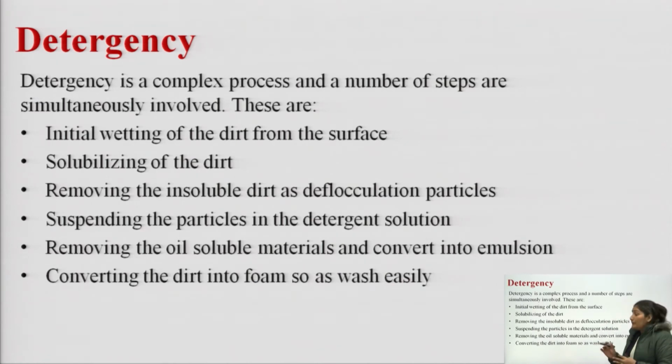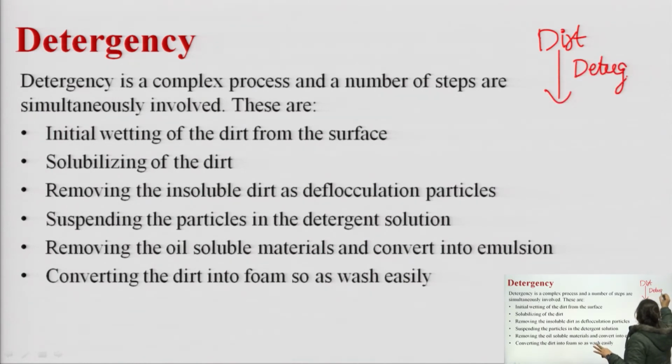Okay. So, I am showing you how the detergency process occurs, how the detergency phenomena takes place. Okay. In case of detergency, there is dirt. When we are adding certain detergents or surfactants, these are having the HLB value from 13 to 16.